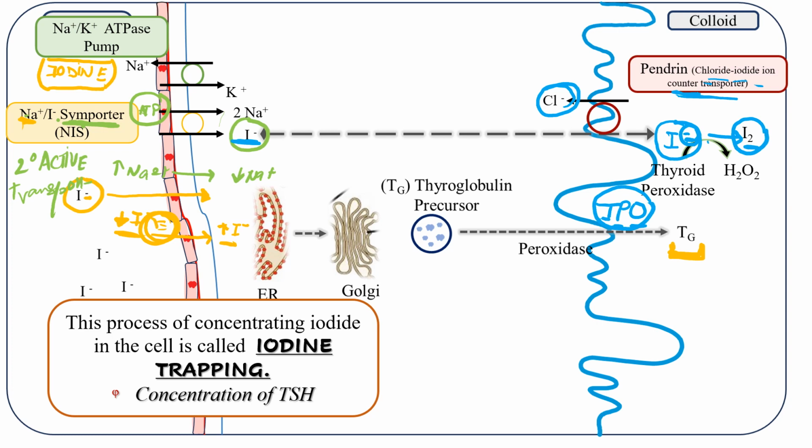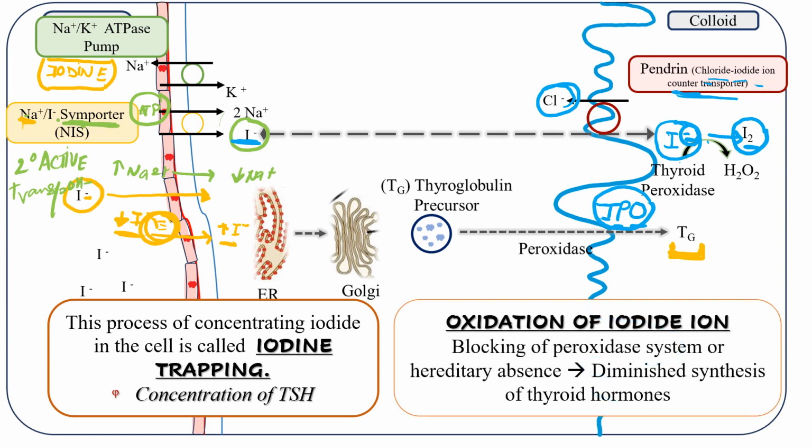And when you are kicking off the electron from the molecule, you call it oxidation. So here's another step in thyroid hormone synthesis, that is oxidation of the iodide ion, which is a very important step in thyroid hormone synthesis.